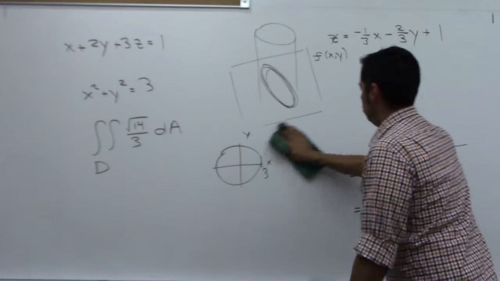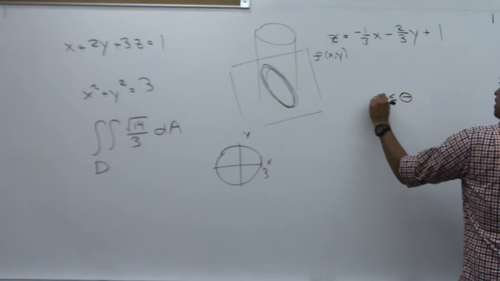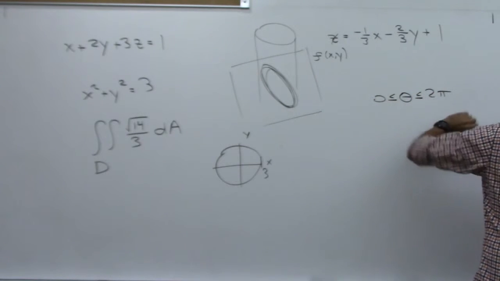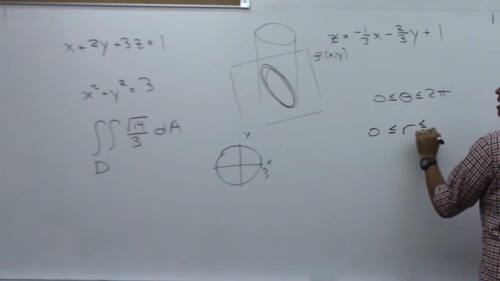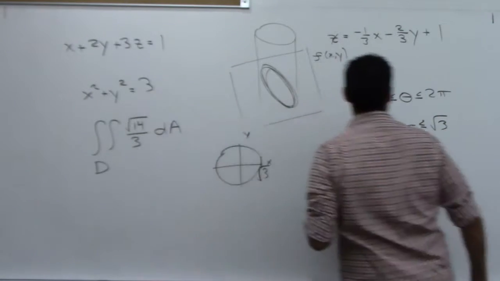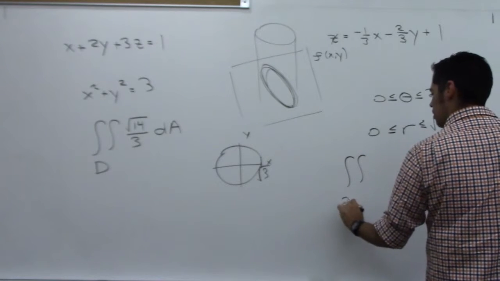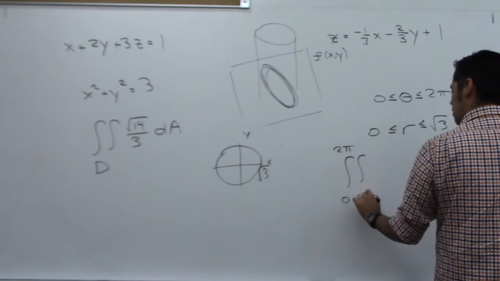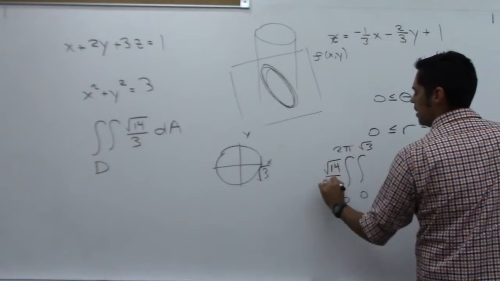And the polar restrictions I would have is theta is between 0 and 2 pi. And R is between 0 and root 3. This is root 3 because that was 3. And so that double integral goes from 0 to 2 pi, and from 0 to root 3. The root 14 over 3 comes out.